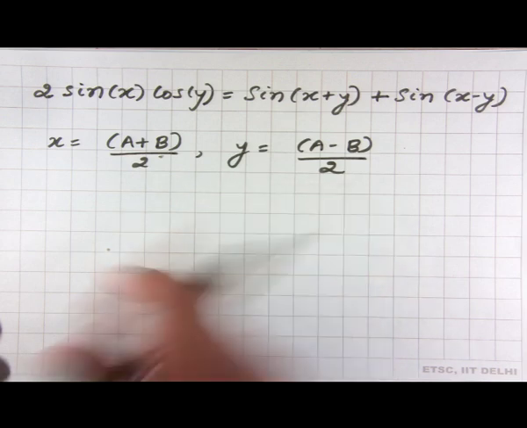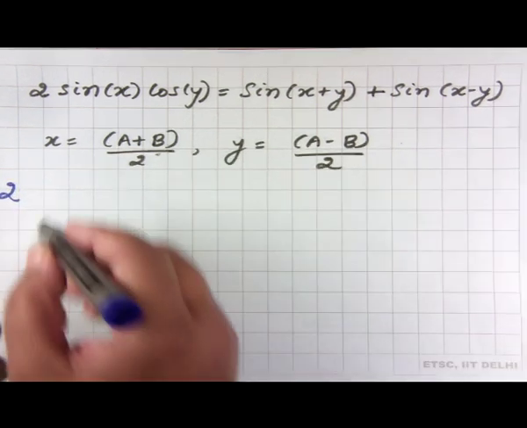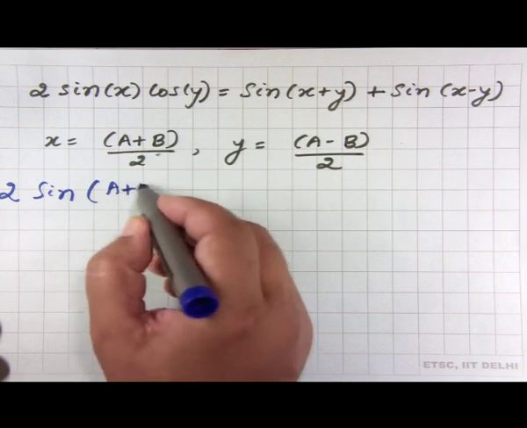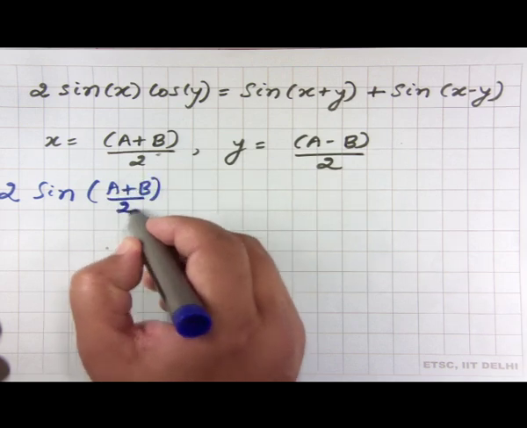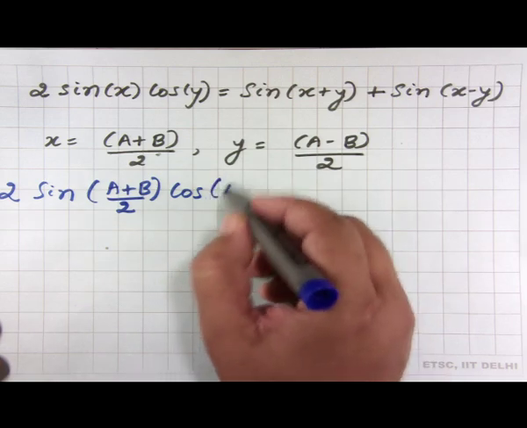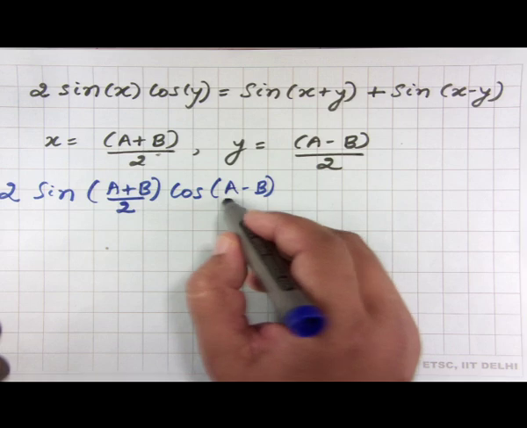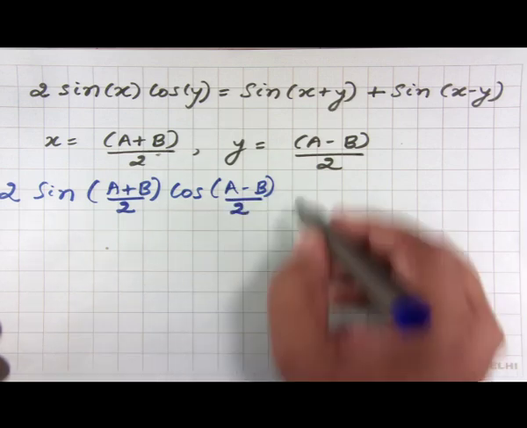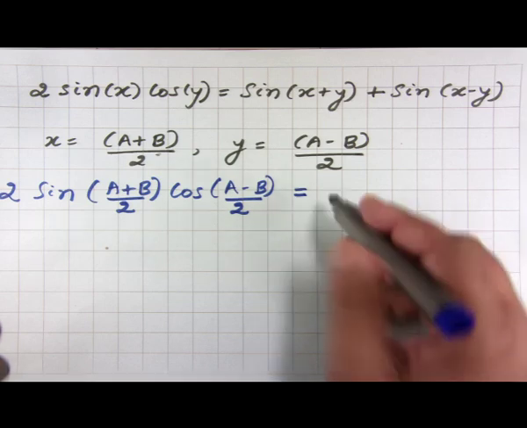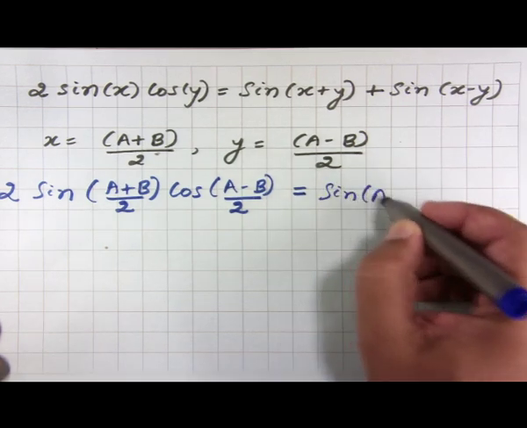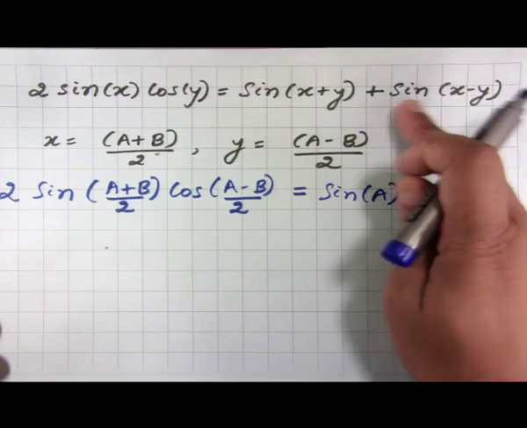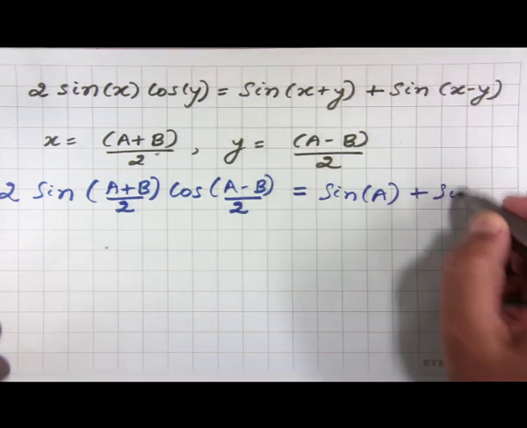So, what we get is 2 times sine of (a plus b) over 2 into cosine of (a minus b) over 2 equals, x plus y is a, so sine of a, plus x minus y is b, so sine of b.